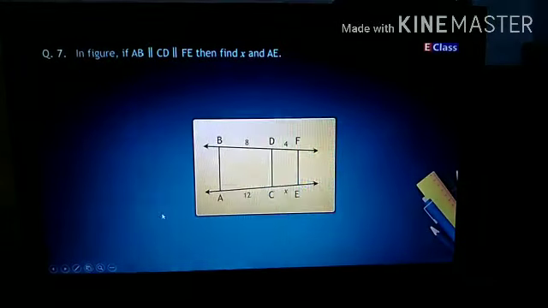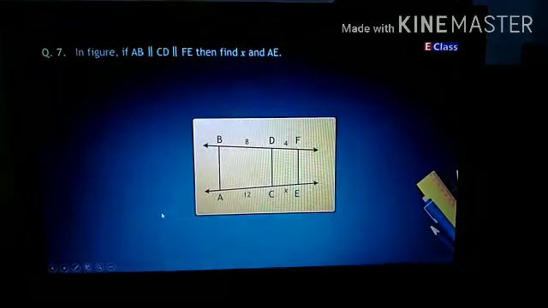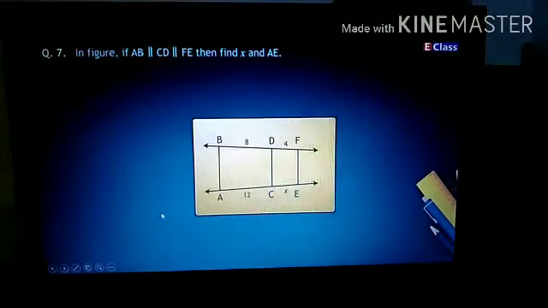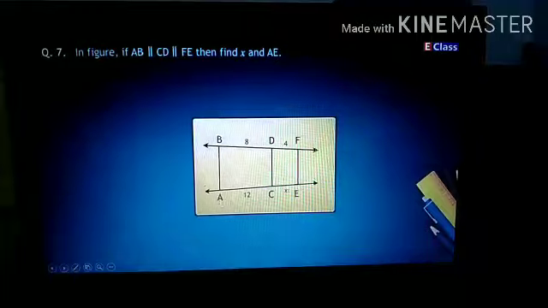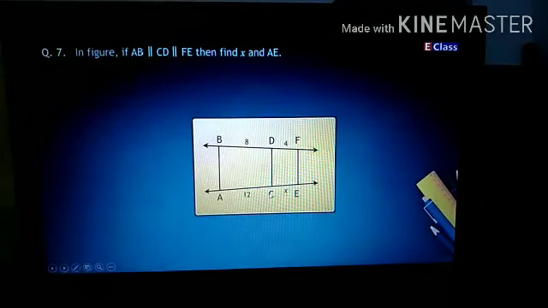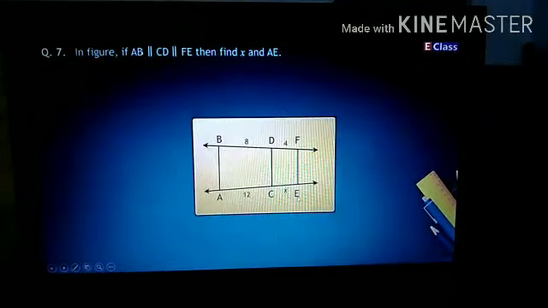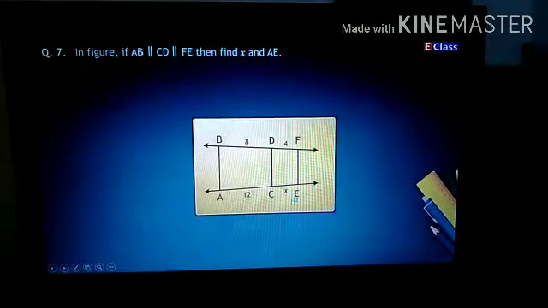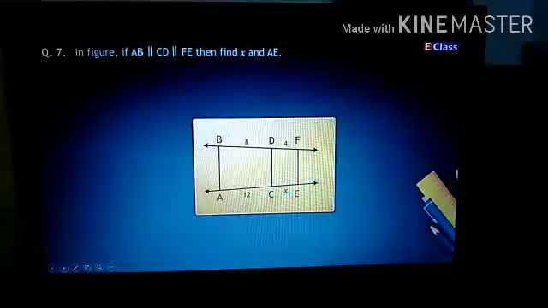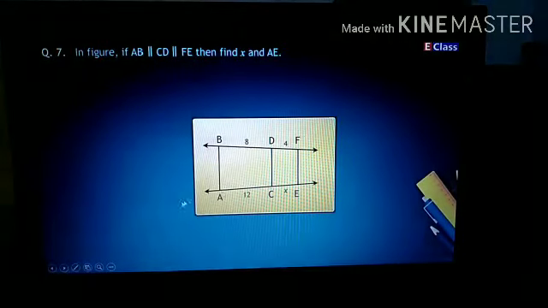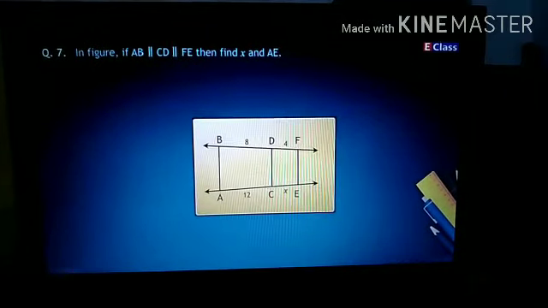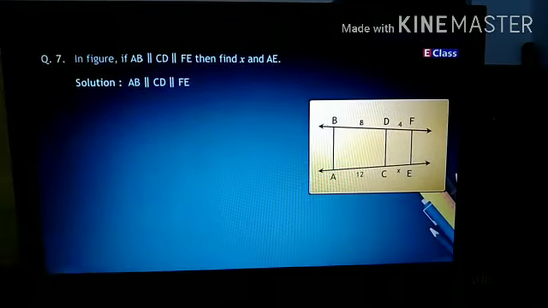Now let us see one more example from practice set 1.2. In the figure, I have AB is parallel to CD is parallel to EF. We have the values of the intercepts given. The values to be found are CE and AE. So let's begin with the sum.